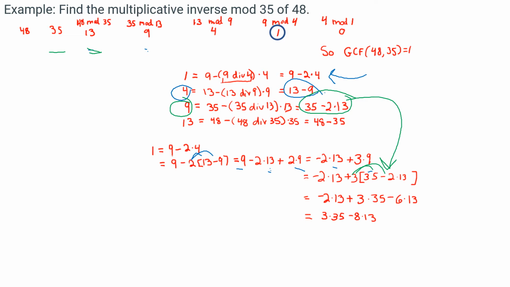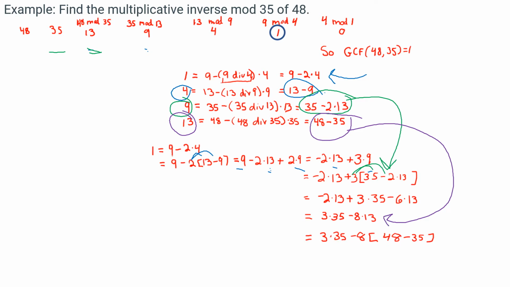So we're making progress, but we need to move back one more. So we know that 13, change to purple, 13 is equal to 48 minus 35. So I'm going to put that in for 13. I'll distribute that negative 8 in. So I have negative 8 of the 48s, and a negative 8 times a negative 1 gives us a positive 8 of the 35s.